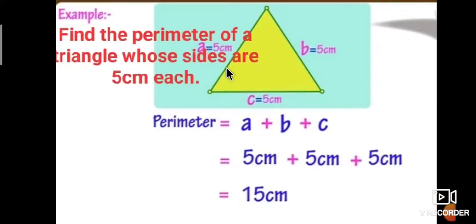In an equilateral triangle, all sides are equal. Therefore, the perimeter of a triangle is equal to side A plus side B plus side C, that is 5 centimeter plus 5 centimeter plus 5 centimeter, which is 15 centimeter. Therefore, the perimeter of the triangle is 15 centimeter.